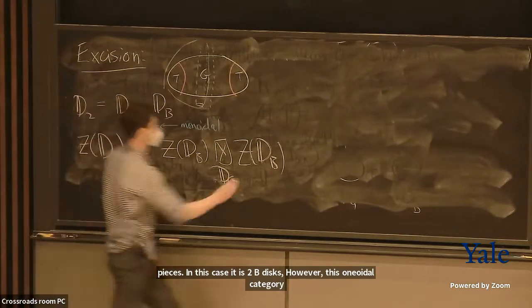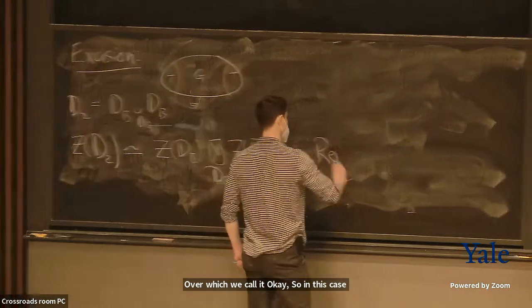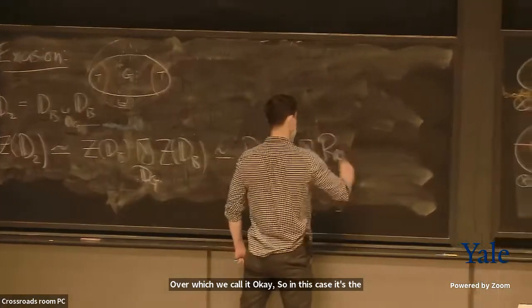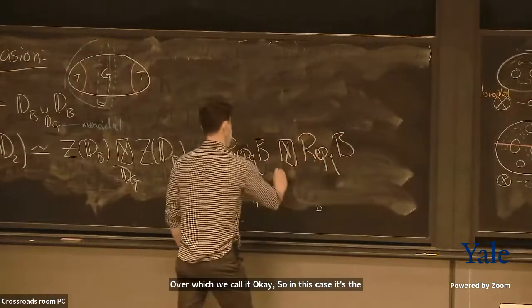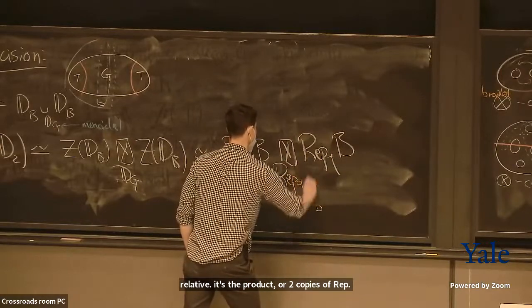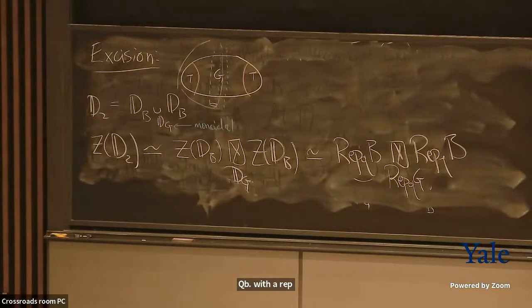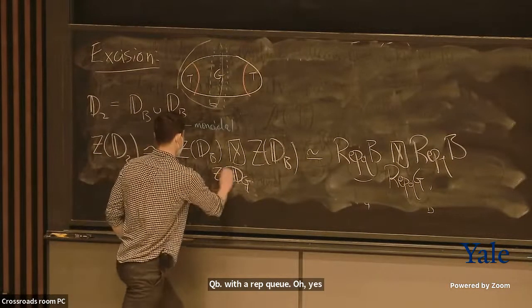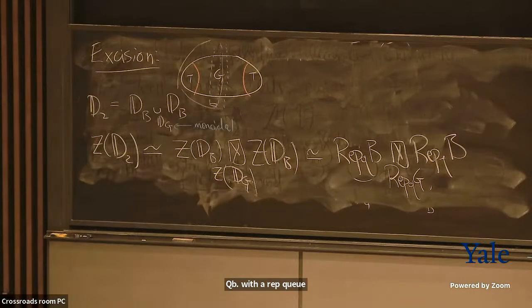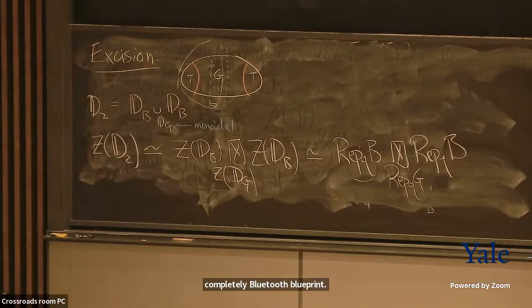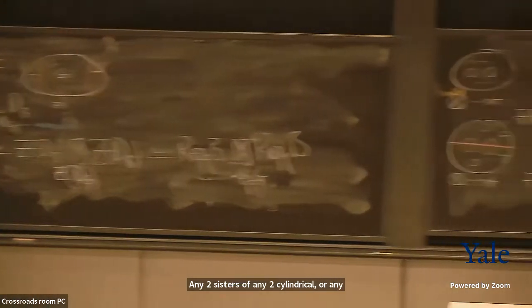So in this case, it's the relative tensor product of two copies of rep_q B over rep_q G. Yes, thank you, it absolutely should. And this is completely general, for gluing any two surfaces over any cylindrical surface. So this is the first really key tool.